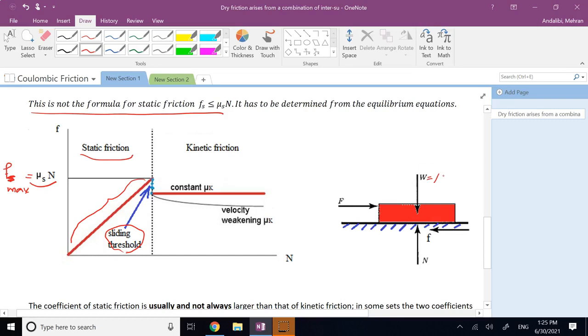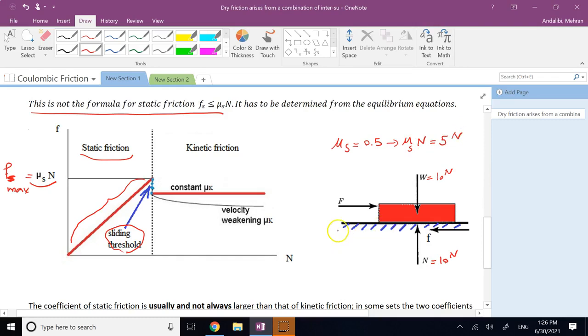Let's use simple numbers. So if there is no other vertical force, the normal force is also 10. And for the sake of example, let's say mu s is 0.5. So it means that mu s times n, or the maximum static friction, is going to be 5 Newton.